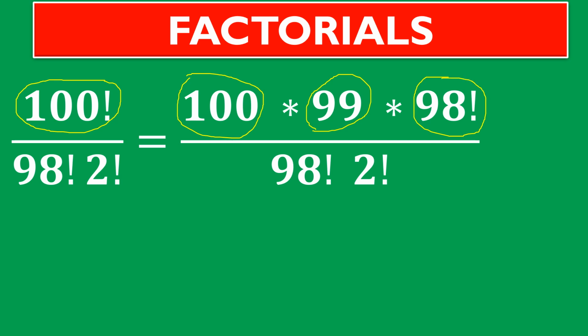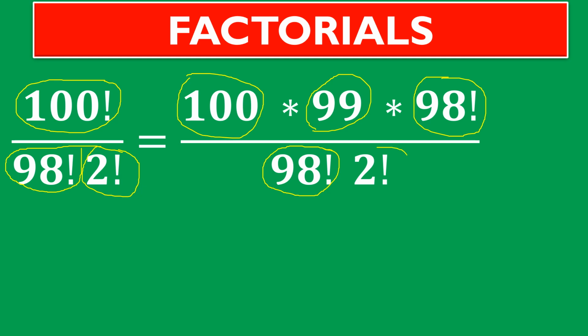So the reason why we stopped at 98 factorial is because if you look at the denominator, you have a 98 factorial. You also have a 2 factorial. So in that 100 factorial, you already have a 98 factorial, and it therefore means that we can stop at 98 factorial, because what we have also in the denominator is a 98 factorial, and they will simply cancel out.